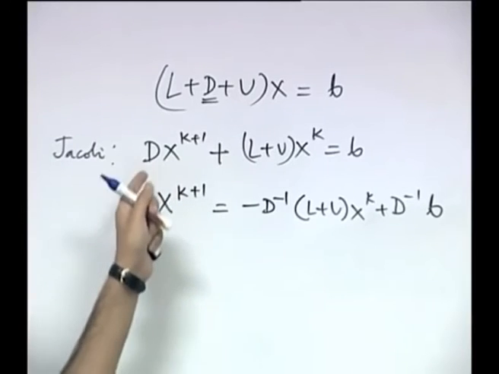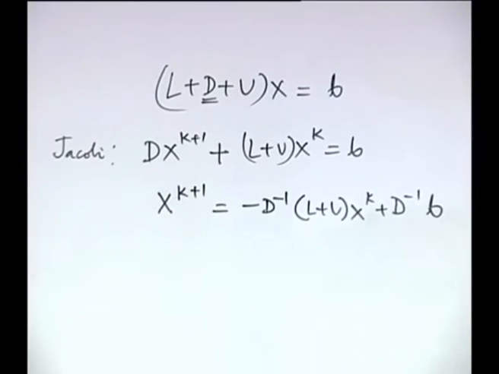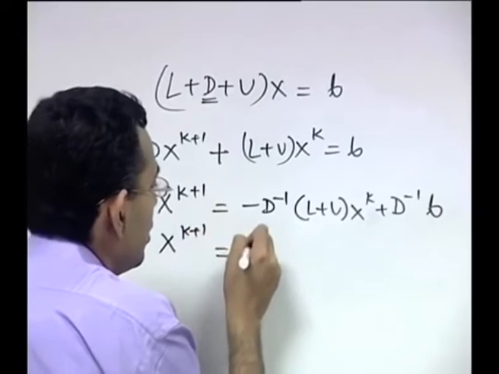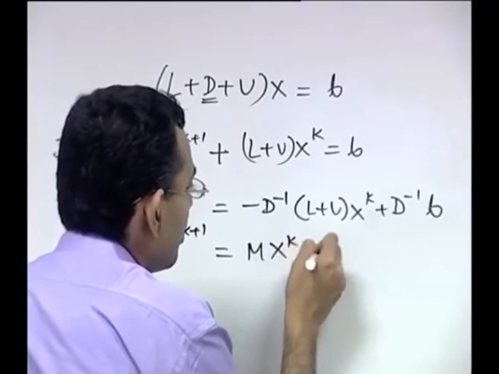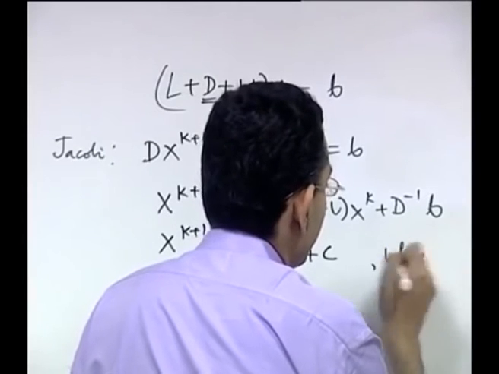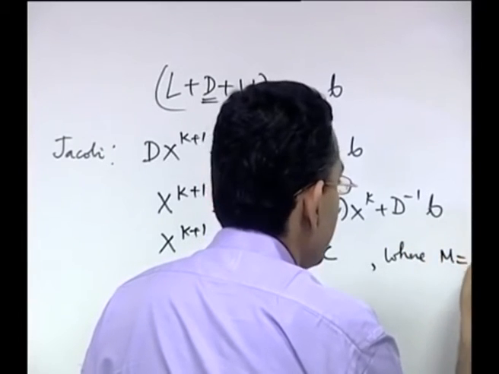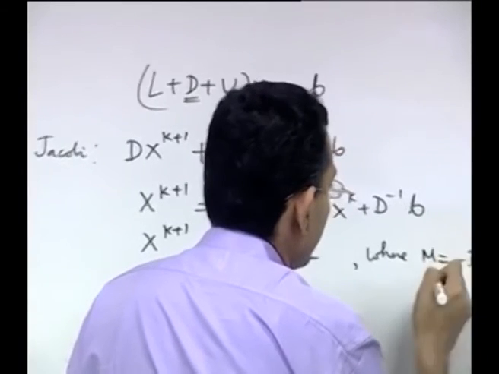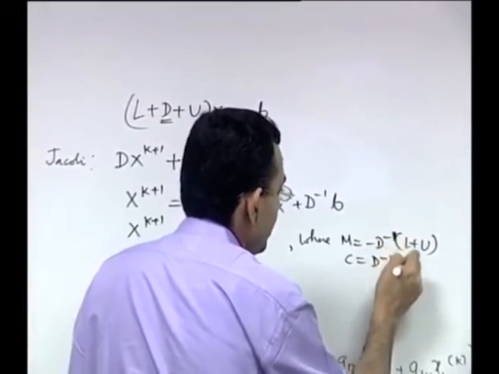So, these are not powers, just iteration stages. So, this in a short form you can write x k plus 1 is equal to M x k plus c, where M is equal to minus D inverse (L plus U) and c is equal to D inverse B.